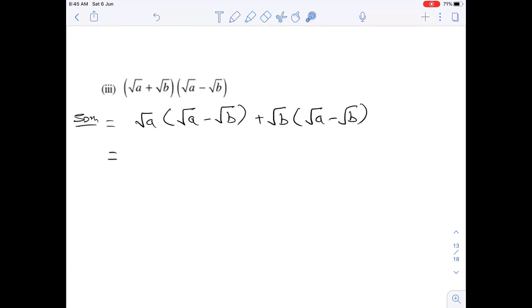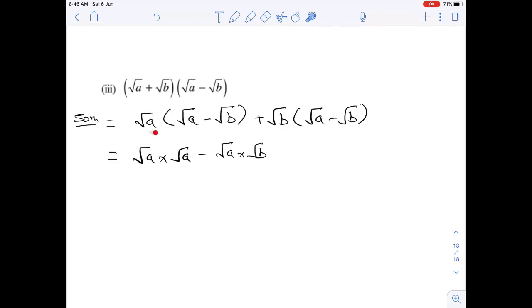Now the root a present outside the bracket will first multiply to this term and then to the second term. So you will get root a into root a, then you multiply the sign, plus into minus will become minus, and then root a multiplied by root b.